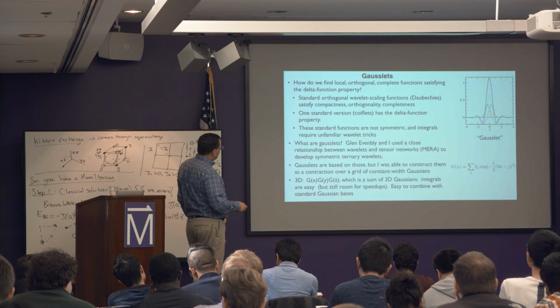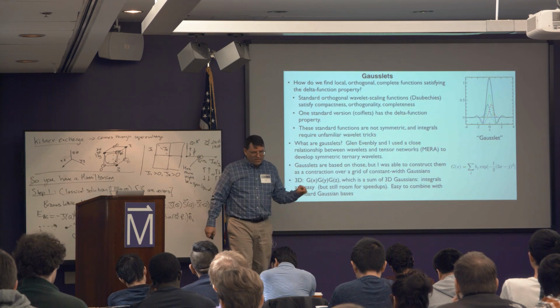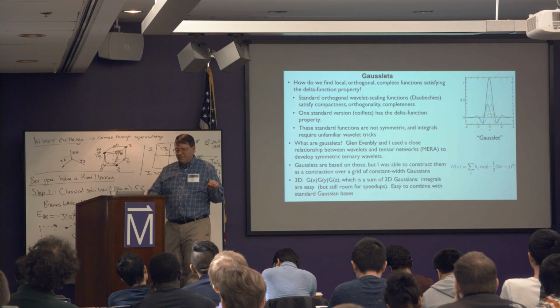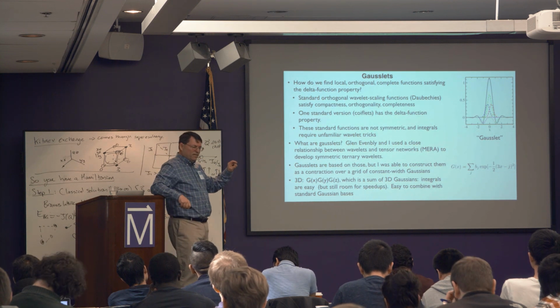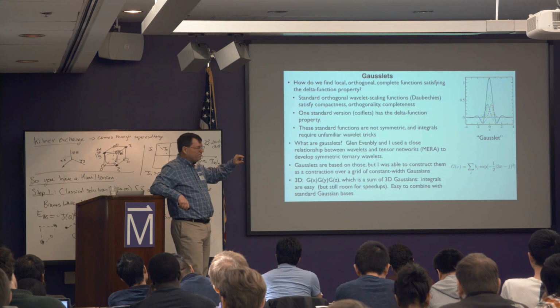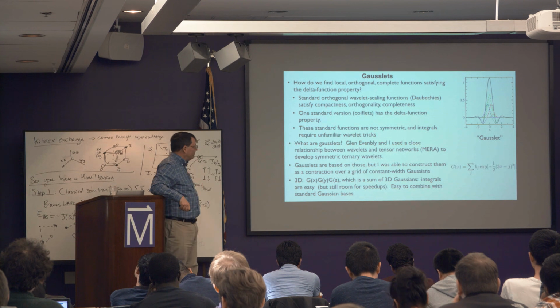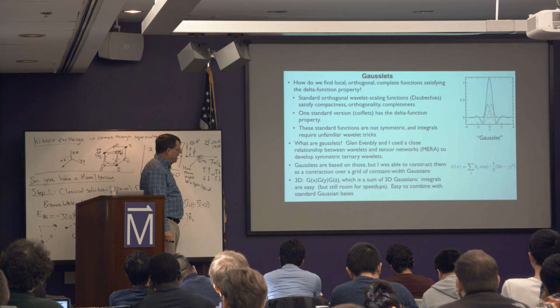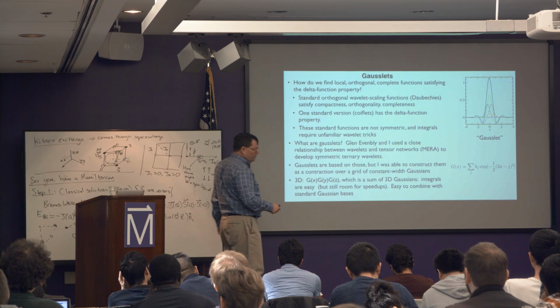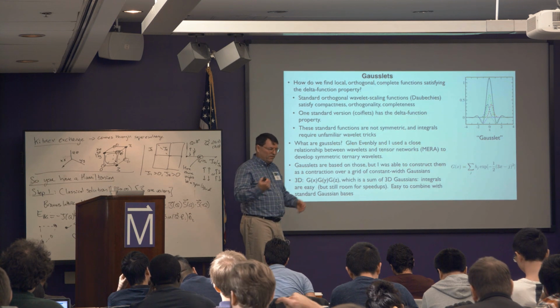This Gauss-let is a homegrown one, which actually came out of tensor networks. I mentioned last time that this MERA tensor network is related to wavelet theory, and Glenn Evenbly and I did a number of explorations of that. One thing we could do was use wavelet theory to build an analytic MERA tensor network.